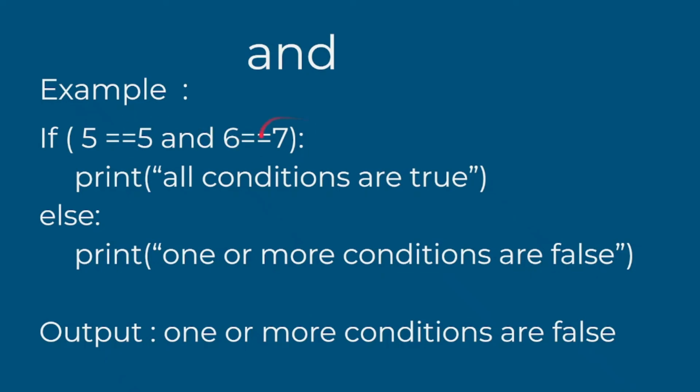And 6 equal to 7. This will evaluate to false, because 6 is not equal to 7. So our final evaluation will be between true and false. Since one of the condition is false, the whole condition becomes false because we are using AND operator here. So it will print the statement one or more conditions are false.